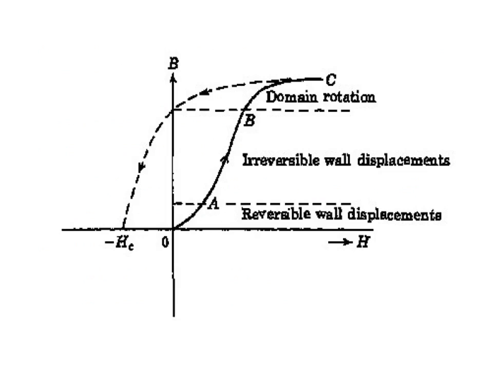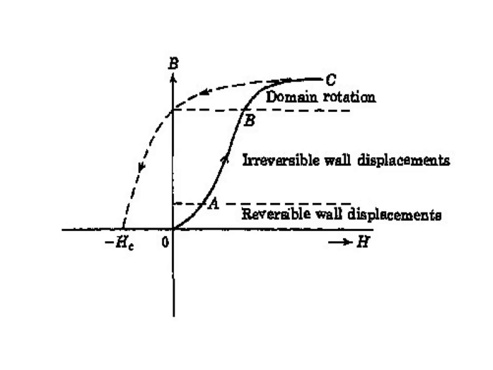Here you can see a part of a magnetic hysteresis loop. We have done the magnetic hysteresis loop in our previous lectures. When we increase the applied field, first we can observe the reversible wall displacement, then irreversible wall displacements, then the rotation of the magnetic moment.